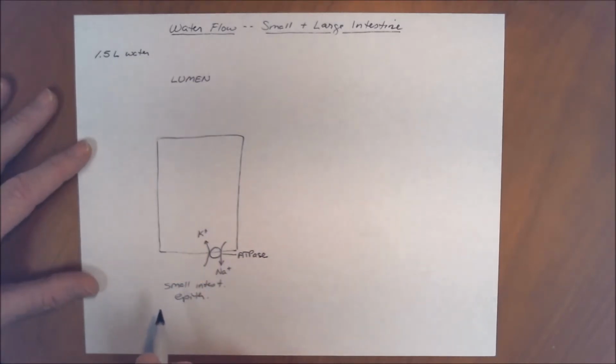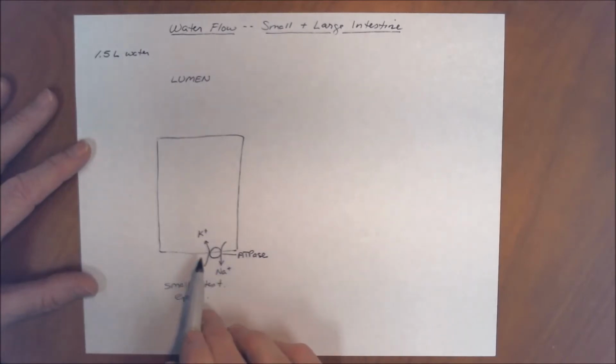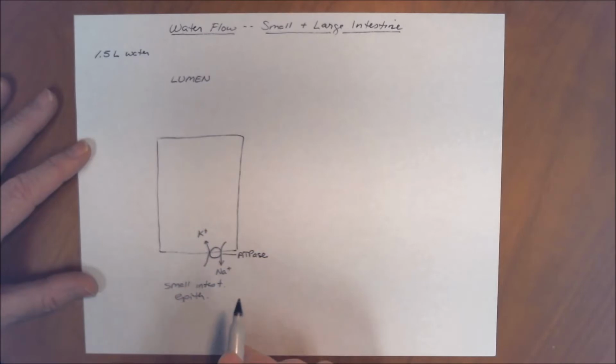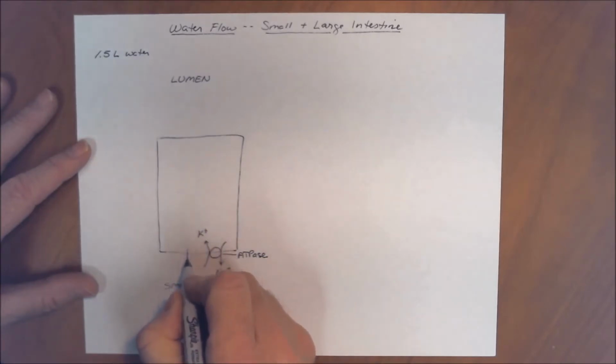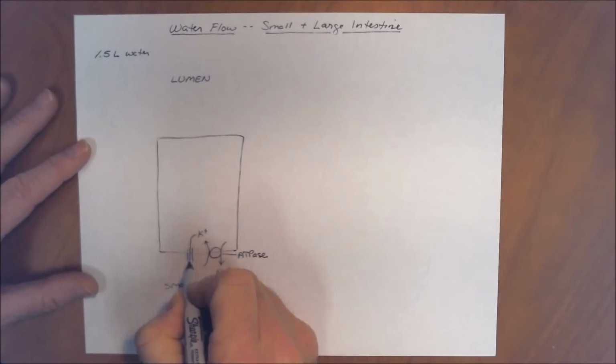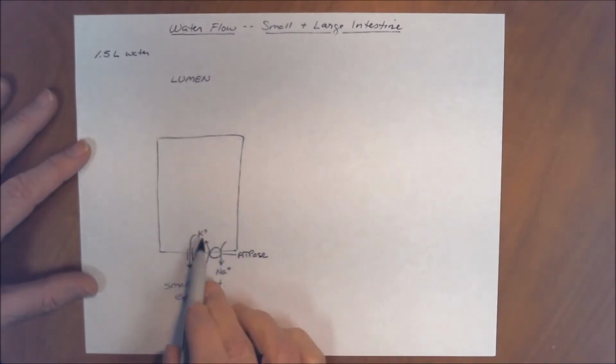Now in order to make sure that we don't have any depletion of potassium, because potassium's concentration obviously is much lower than sodium, we are going to have a potassium channel that is going to allow the gradient to dissipate of potassium.